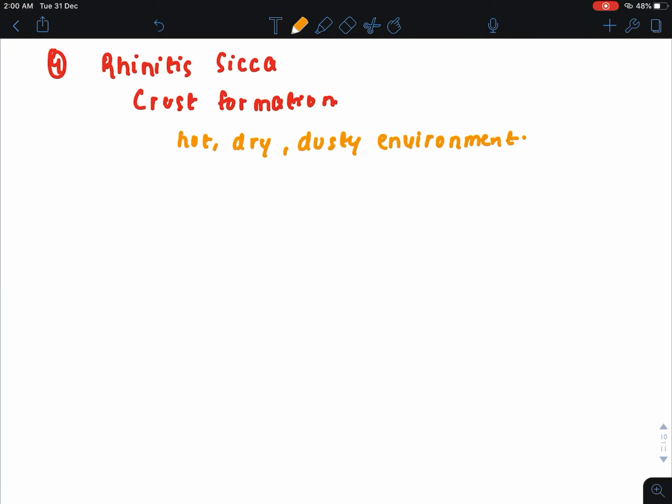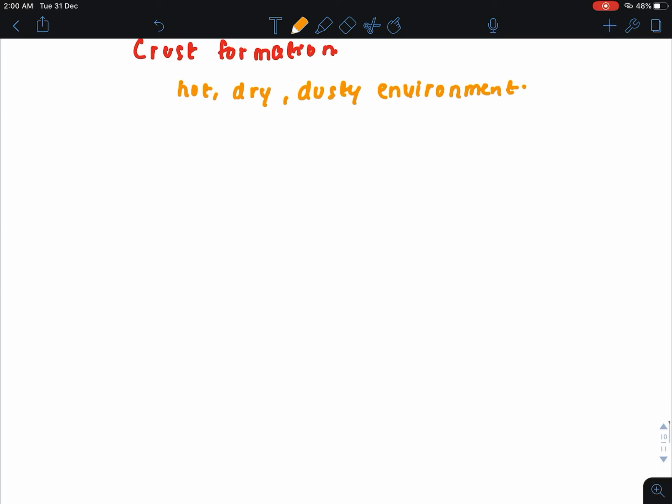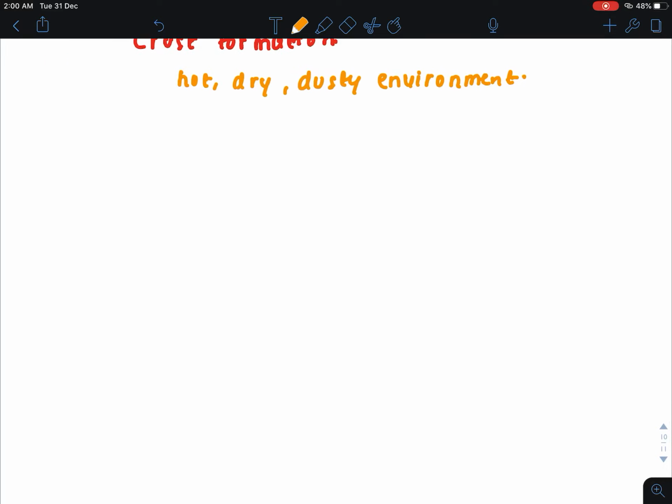It affects the anterior one third of the nose, particularly the nasal septum. The ciliated columnar epithelium changes to squamous epithelium, meaning metaplasia is occurring.